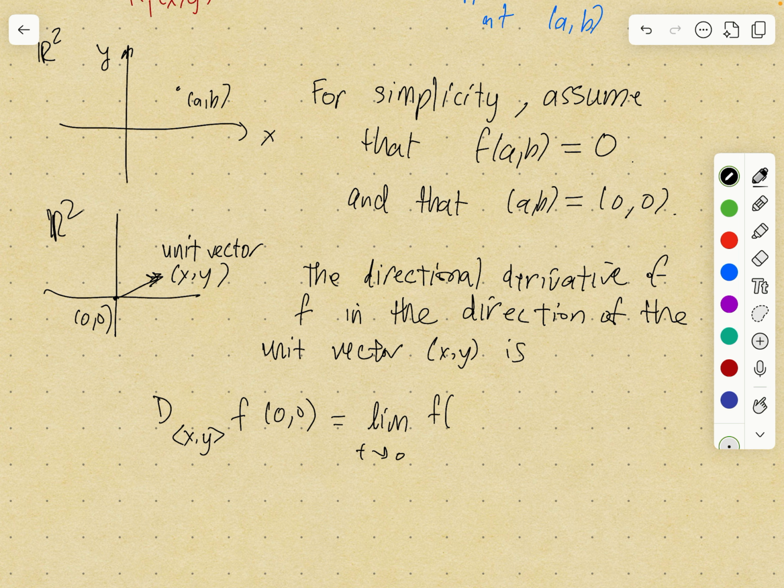Well, that would just be f of tx because it's 0, 0 plus txy, right? So it's tx comma ty.